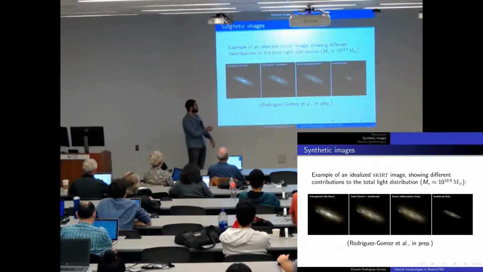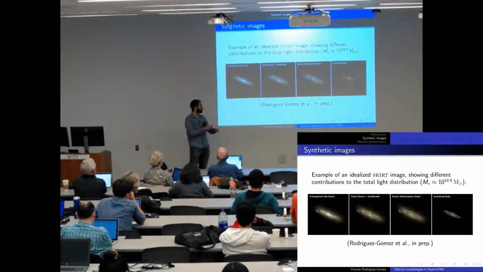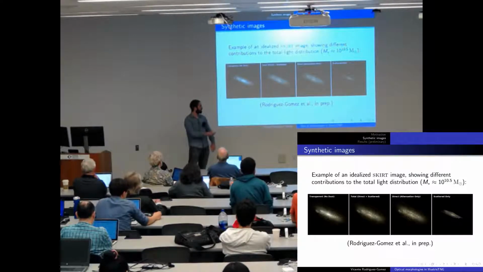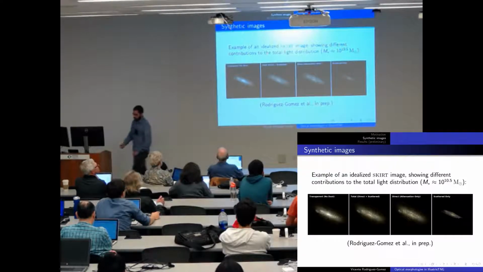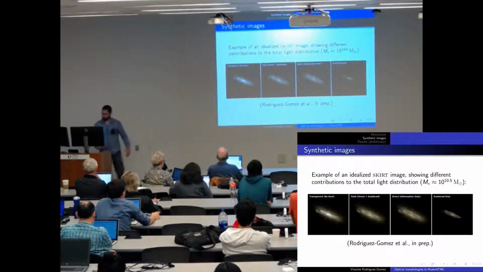Then the next one has the full dust modeling. And here I'm decomposing the light into the direct light coming from stars but attenuated, and the light scattered by the dust.